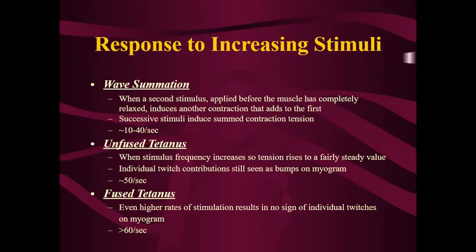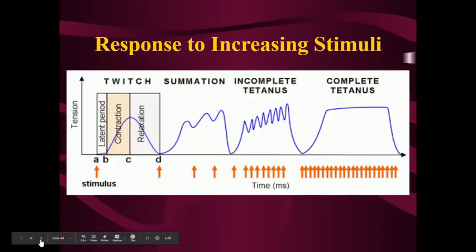Unfused tetanus, you're going to have about 50 stimuli per second. And with fused tetanus, our normal muscle function, you're going to have greater than 60 stimuli per second. And here is a graph that's just showing all 4 of those together.